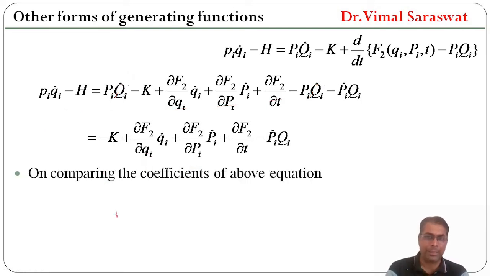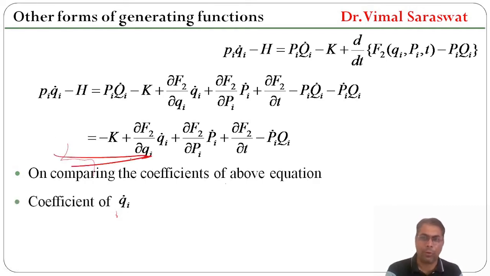Now on comparing the coefficients of the above equation, first of all we compare the coefficient of qi dot. Here the coefficient of qi dot is del F2 by del qi, and here pi. So pi equals del F2 by del qi.